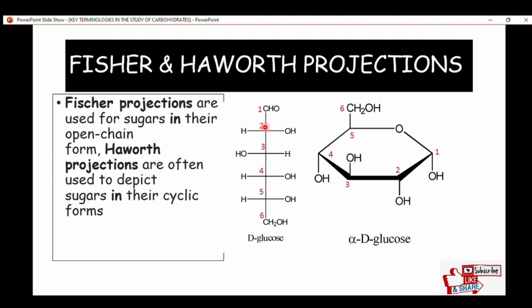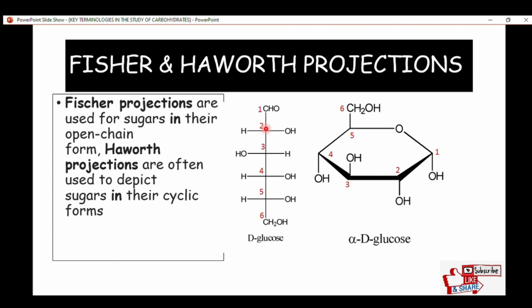We can see that carbon 2 is a chiral center, carbon 5 is a chiral center, carbon 4 is a chiral center, and carbon 3 is also a chiral center. That's chiral centers for you. And if you don't know how to determine chiral centers, you can go into the description and learn how to identify them.